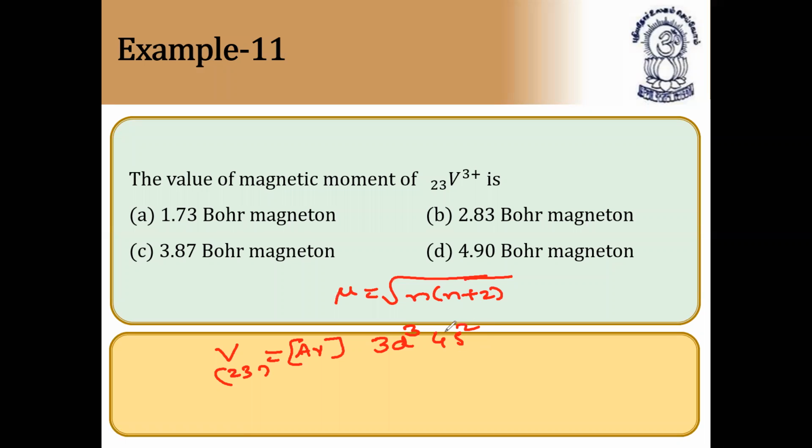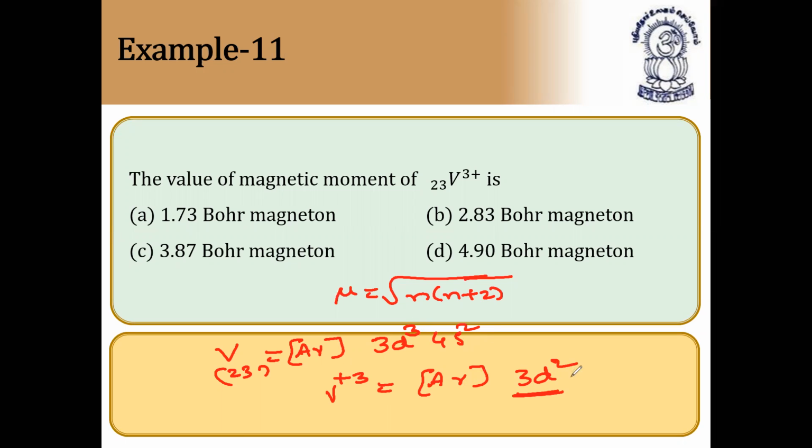So V+3 becomes argon 3d2, because two electrons from the 4s orbital and one electron from the 3d orbital go off. Since it is in the +3 state, it should lose 3 electrons.